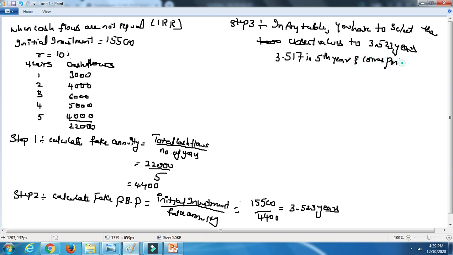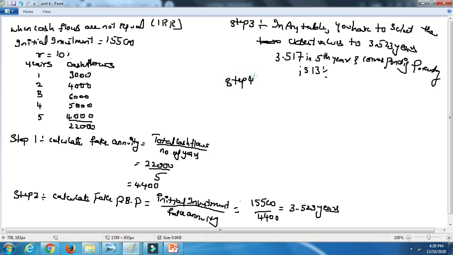That is what we have seen, right? Corresponding percentage is how much? 13%. So let's calculate the NPV.